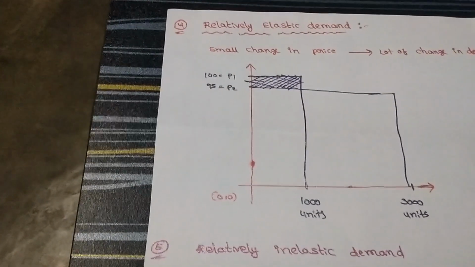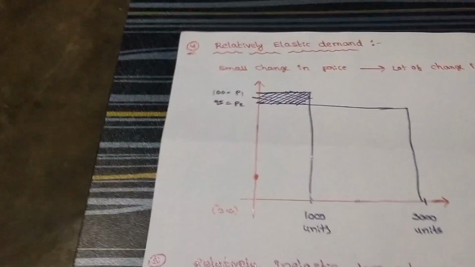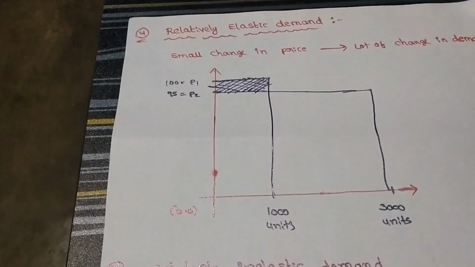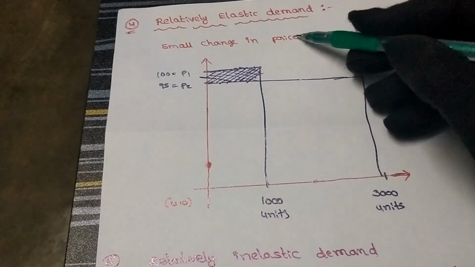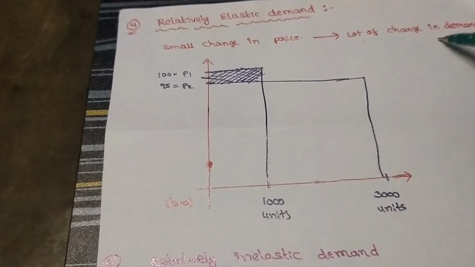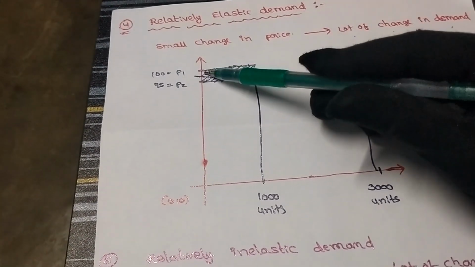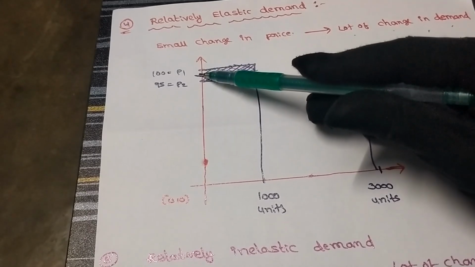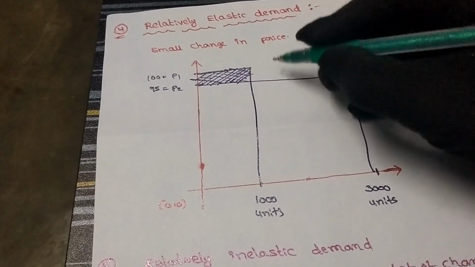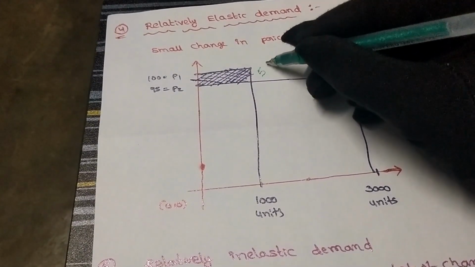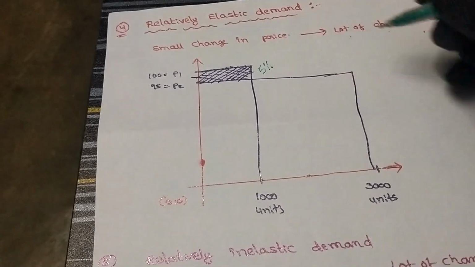And coming to the fourth one, what is the fourth one? Relatively elastic. Here, even a small change in the price brings a lot of change in demand. Example: first the product price is 100 rupees, but later 5 rupees fell down. Very little, just 5%.